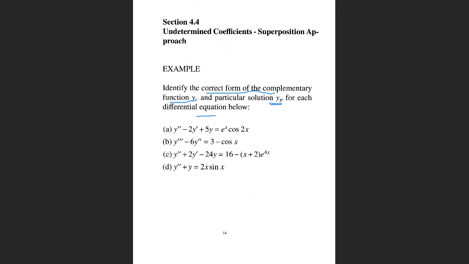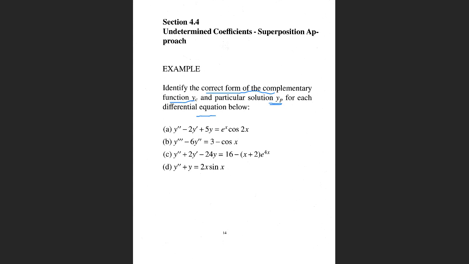The reason I'm doing this is we did a problem where we worked out a problem. But of course, you have to get good at identifying the correct complementary functions. You got to be able to get those, but also identifying the correct particular solution.